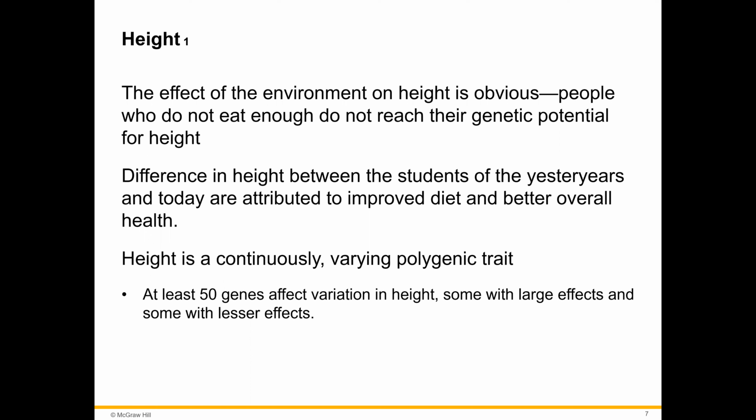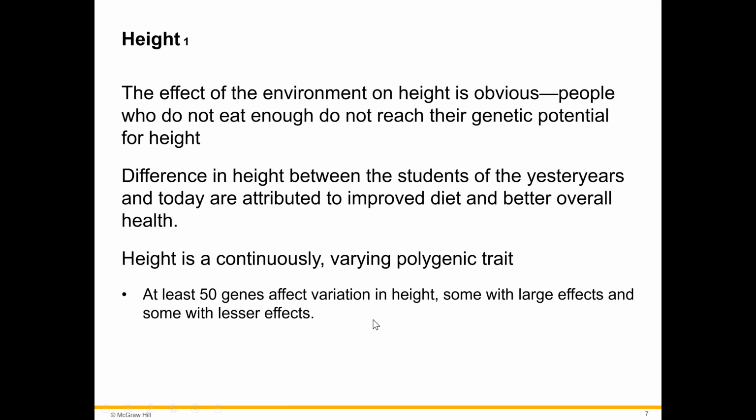If you don't eat enough or you don't eat good food, you are short in proteins and vitamins, then even if you have the genetic potential to be tall, you might not reach your potential fully. So differences in height between the students of yesteryear, so many years ago, and today are attributed to improved diet and better overall health.